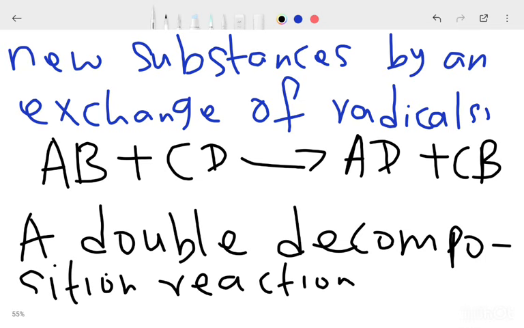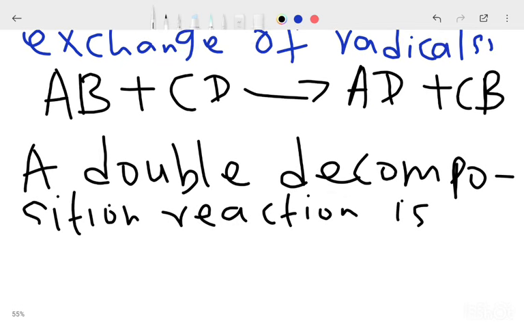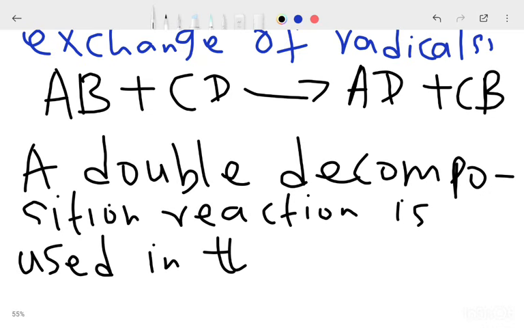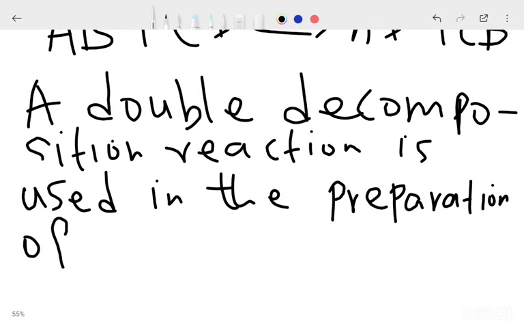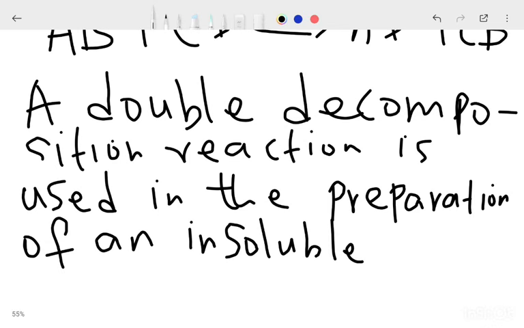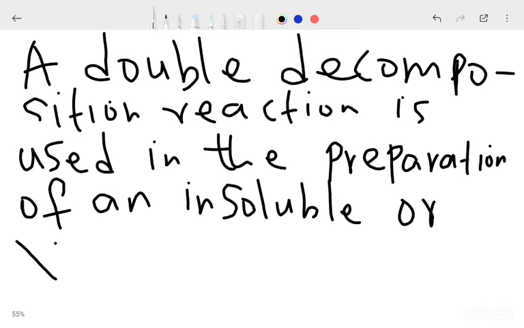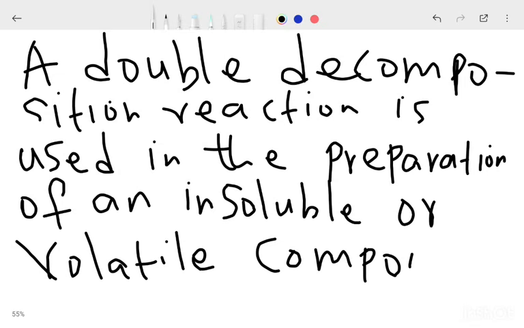A double decomposition reaction is used in the preparation of an insoluble or volatile compound.